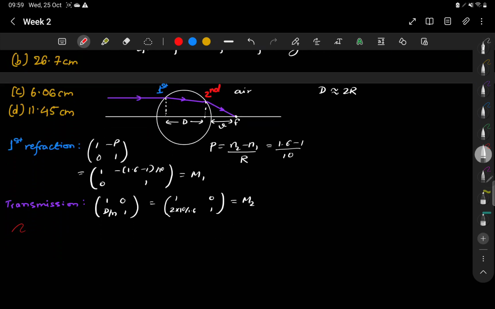And finally we have the second refraction, and after the refraction another transmission is there. Now here the P would be reverse of this one. It would be 1 minus 1.6, because now N2 would be that for air, the second medium.